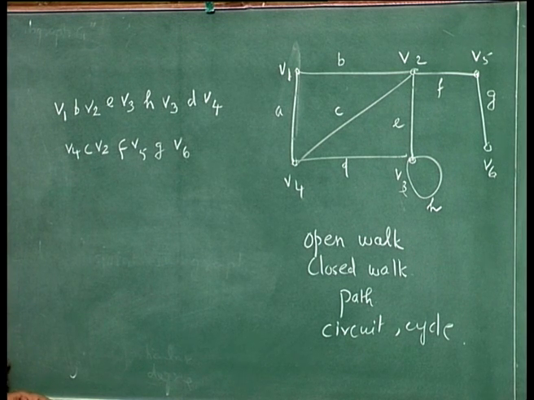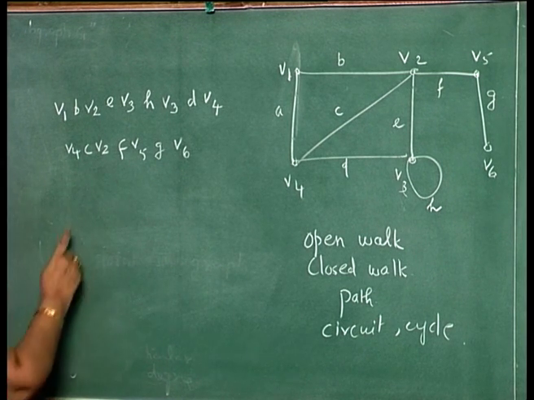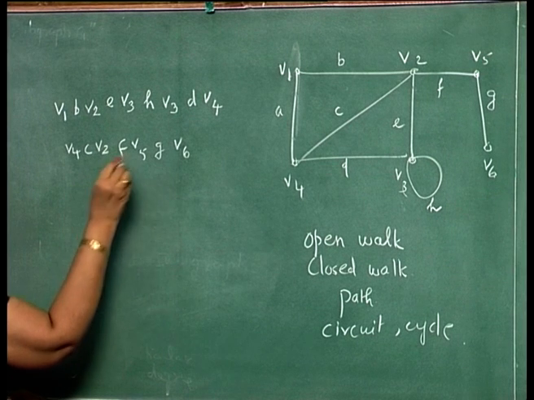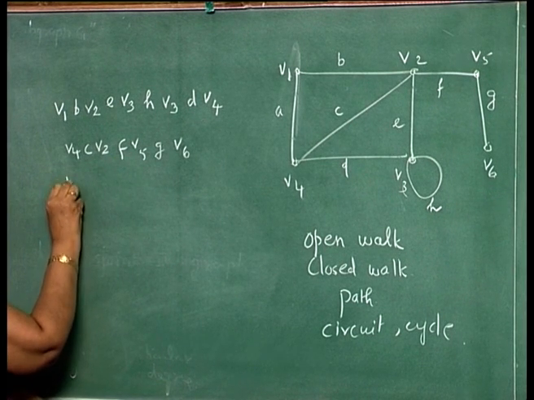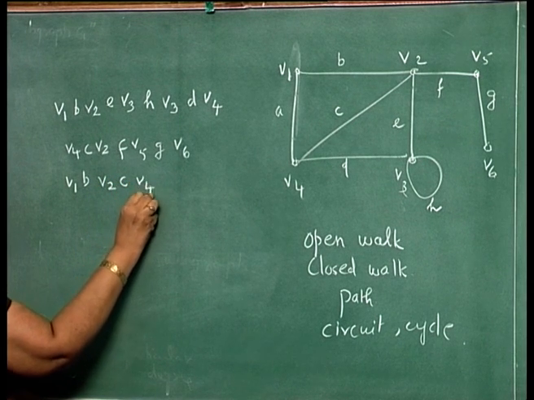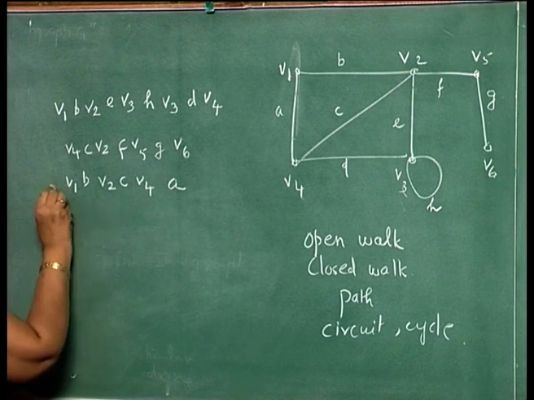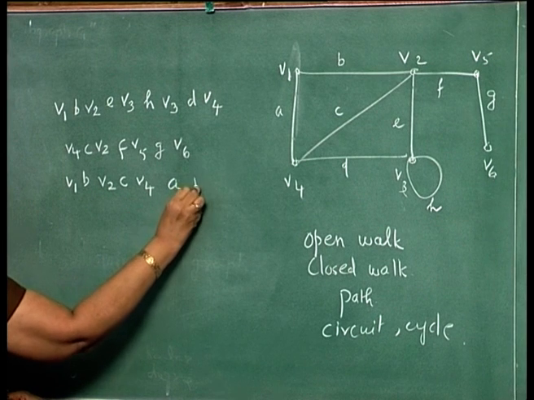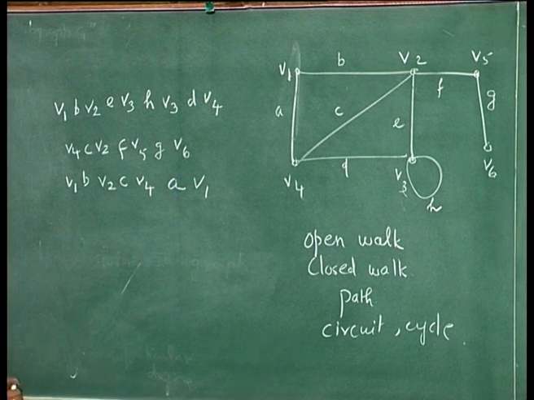This is called a path. Now, before that, one more example of a walk: V1, B, V2, C, V4, A, V1, that is a walk.